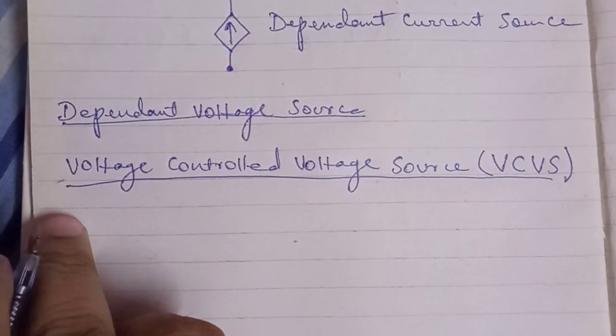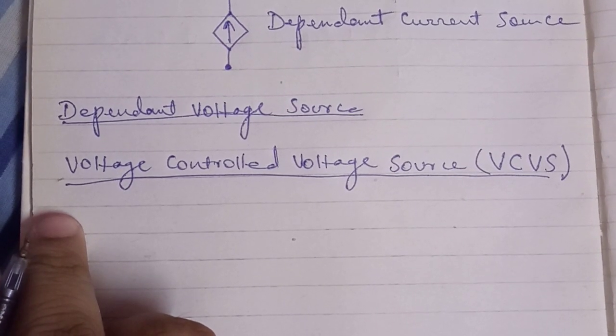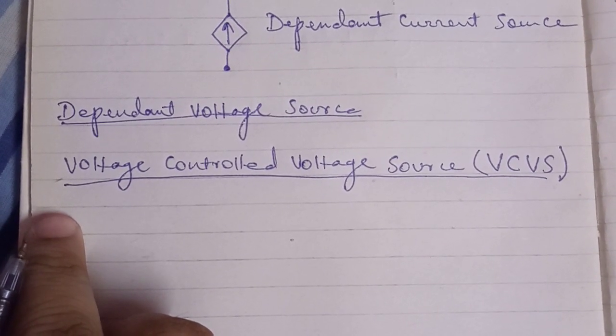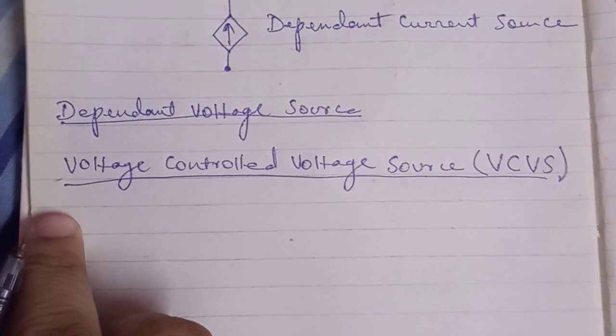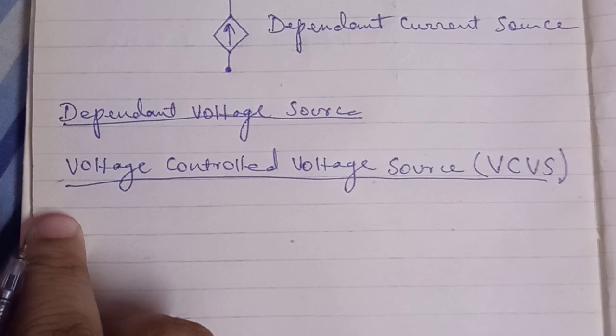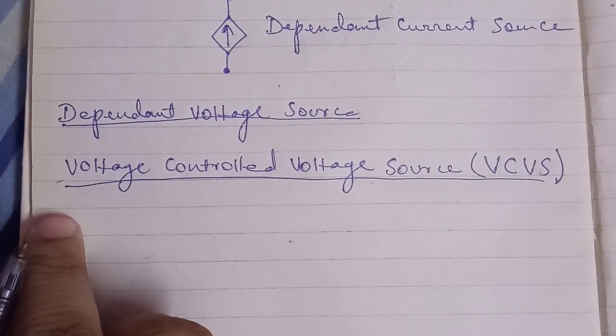Focus on the words voltage control. As I have already told you, the value of the dependent source depends on other circuit elements. So the voltage of the dependent voltage source will depend on other circuit elements.